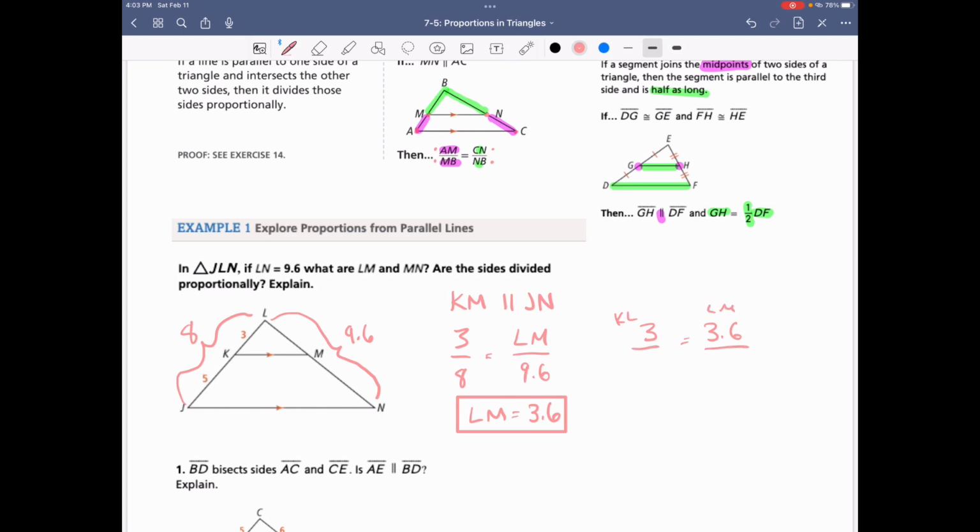As we have 5, which is JK, is to MN, which we're looking for. So we're going to cross multiply, which is 5, let me grab my calculator, 5 times 3.6 is equal to 18, divided by 3 is 6. So MN equals 6.